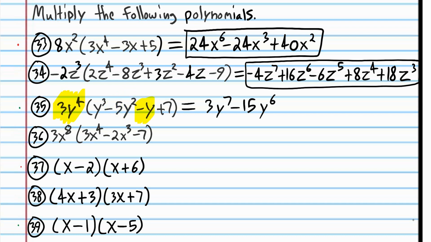And multiplying these terms, we get negative 3y to the fifth. And then multiplying 7, we get 21y to the fourth.